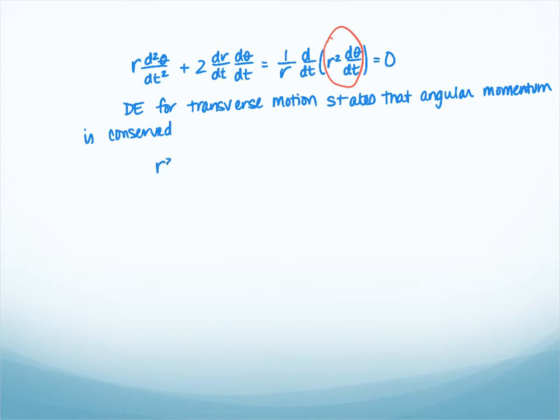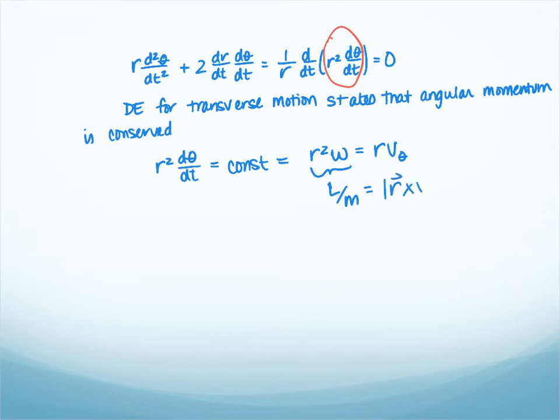So we're saying r squared d theta dt is equal to a constant. We could express it as r squared omega or r v theta. And this term is actually the angular momentum over the mass, which is r cross v.